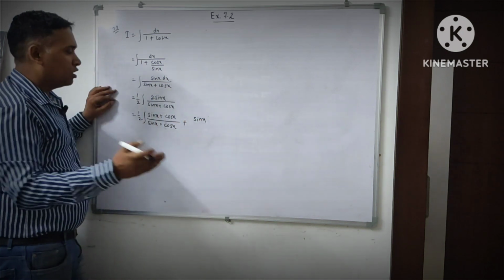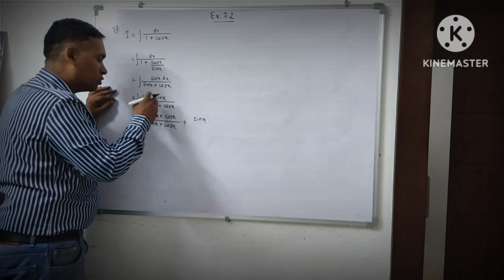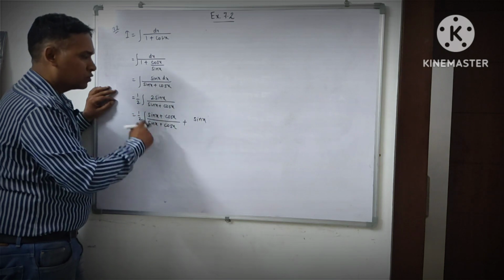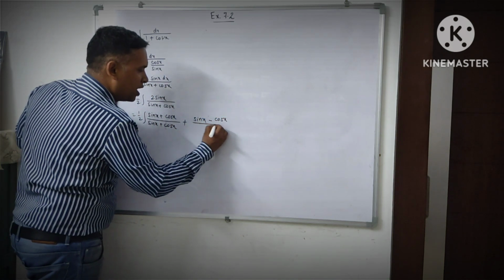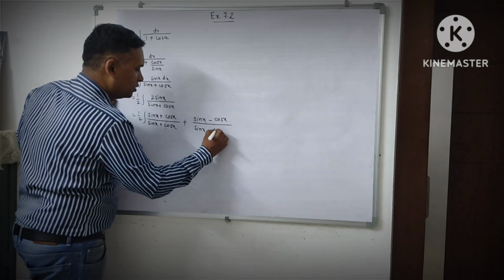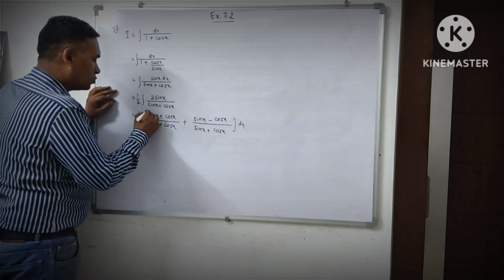Then your next question: Ravi sir, cos x is there, but in the previous step cos x was not there. Okay, no problem. I am compensating that cos x also by writing here minus cos x. And the denominator part, I have copy pasted this one. Done. It's a nice question, beta.